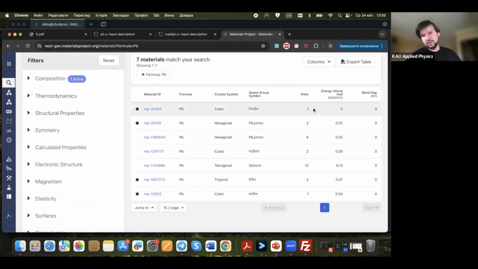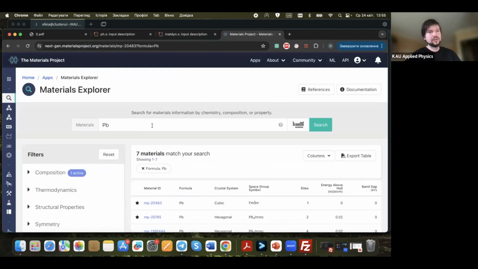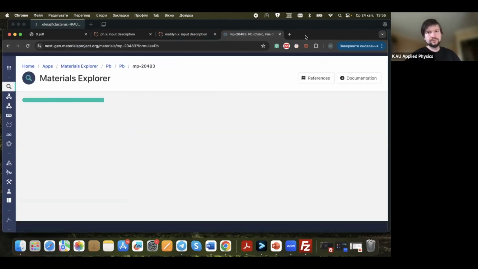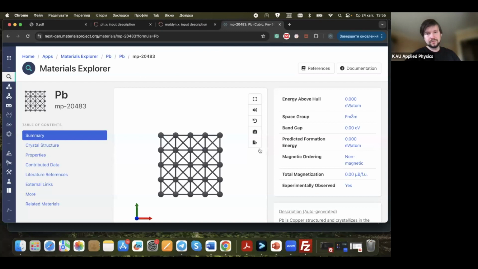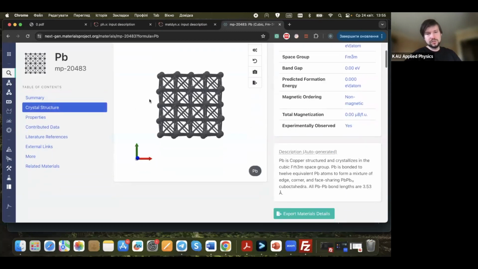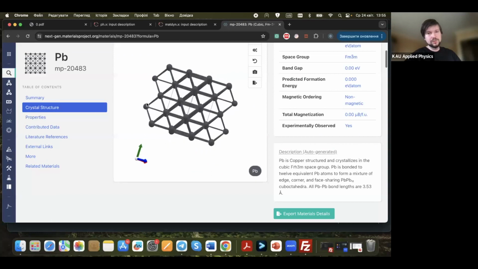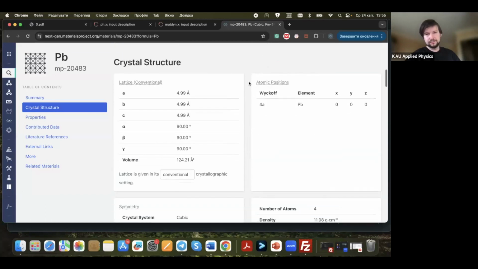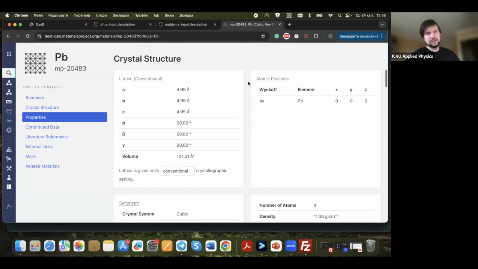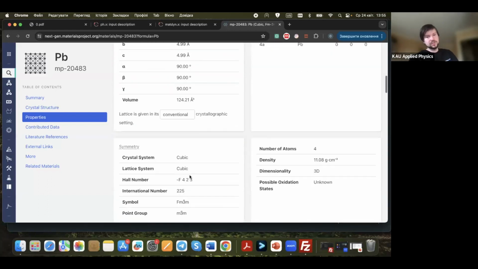You see, it's only one atom, only one site in the unit cell. This structure is super simple. It's like a cubic crystal system.